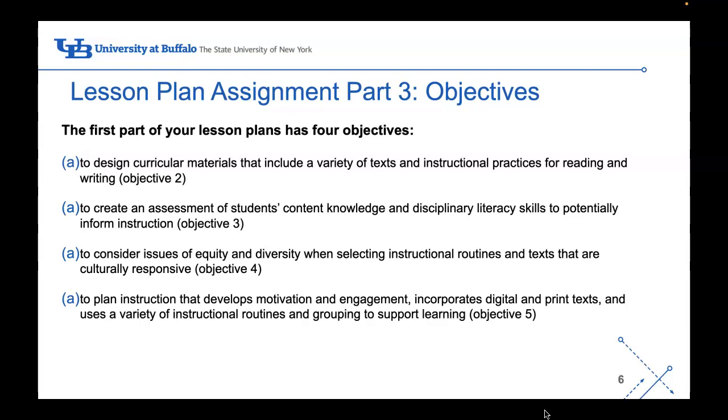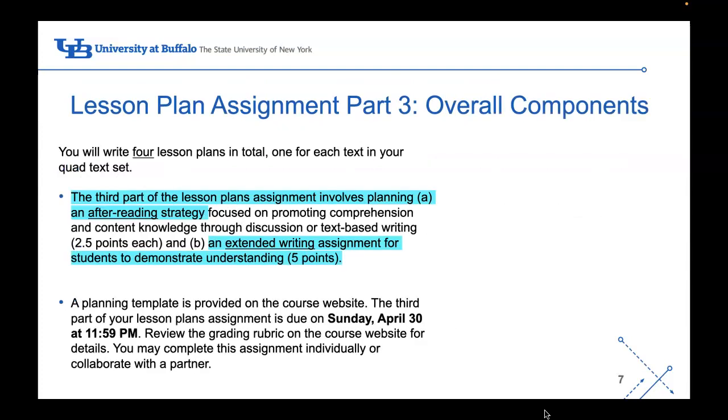In addition, you are also considering an extended writing piece that goes along with these 4 lessons. So just like before, you will have 4 lesson plans in total. The only addition is that extended writing piece that you can simply include at the end of all 4 lessons.